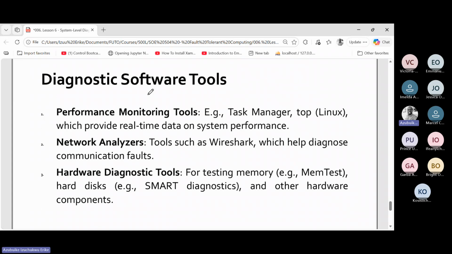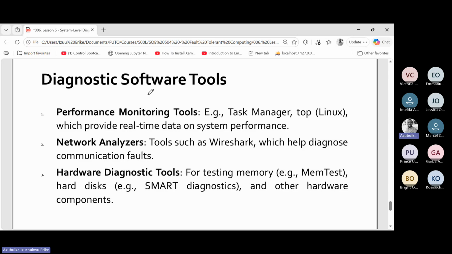Now, there's also the use of diagnostic tools. The diagnostic tools will help you look at what the system is doing per time. For instance, performance monitoring tools like Task Manager in your Windows, when you open it, you will see what the system is doing at any point in time, the performance of each of the software that you have installed in the system.